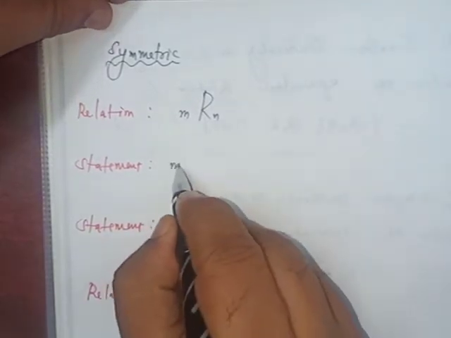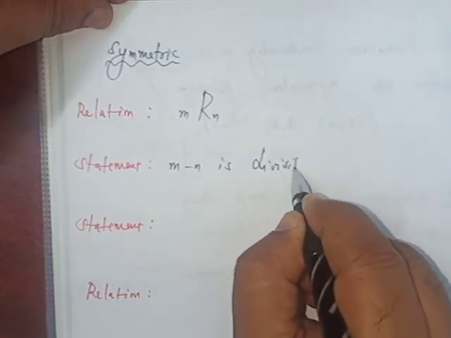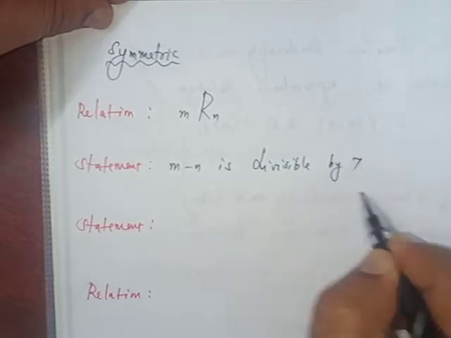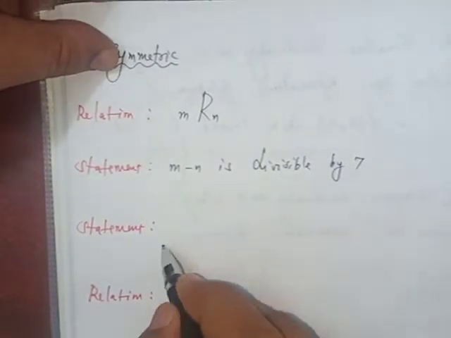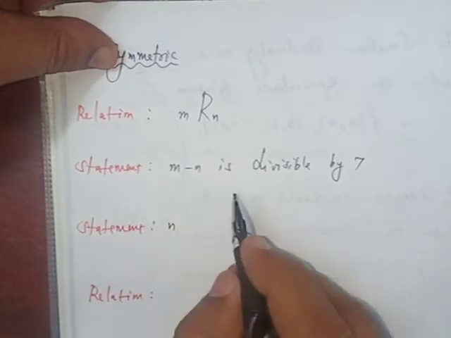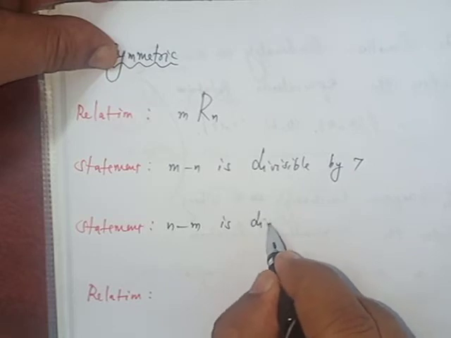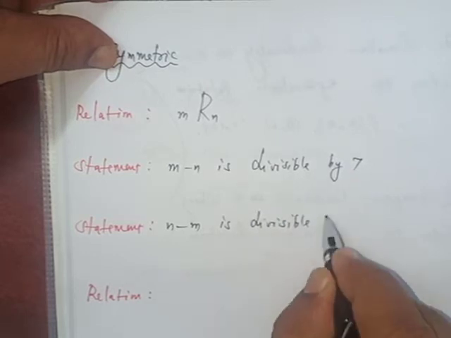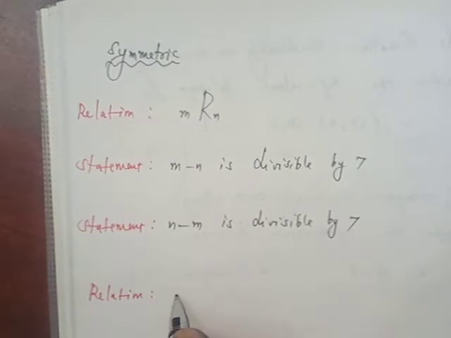That means m minus n is divisible by 7. Since m minus n is divisible by 7, obviously n minus m, in reverse, is also divisible by 7. Since n minus m is divisible by 7, we can write n is related to m.